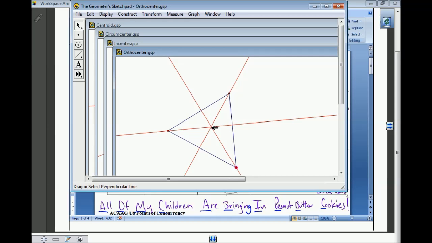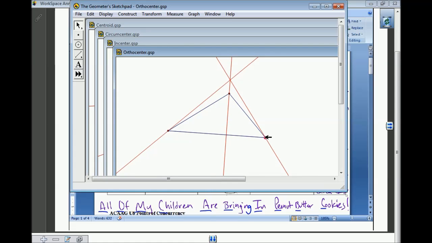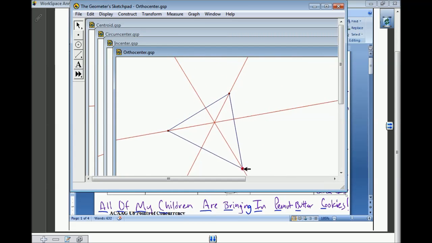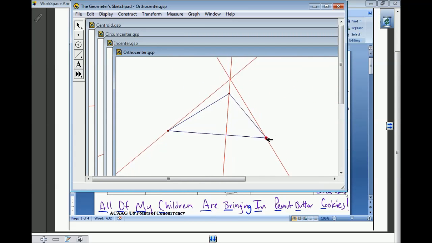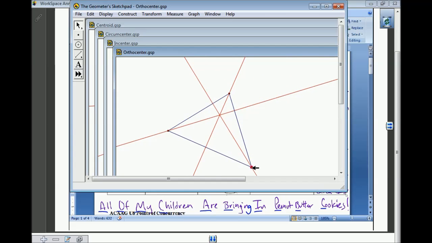It can be located inside the triangle, and if I move it, it could be outside the triangle, or if it's a right triangle, it's right on one of the vertices. So an orthocenter can be outside, inside, or on the triangle. The orthocenter is formed by the altitudes, and an altitude is just from one vertex perpendicular to the opposite side.